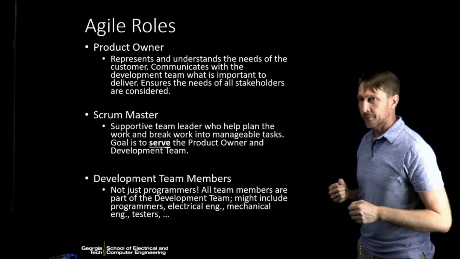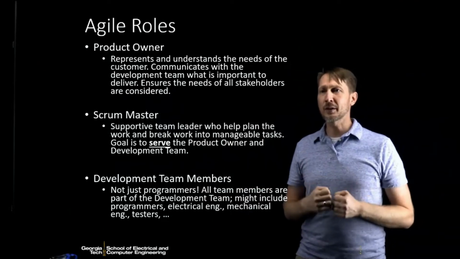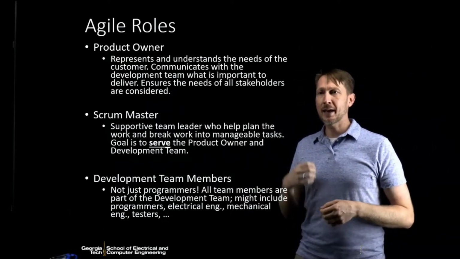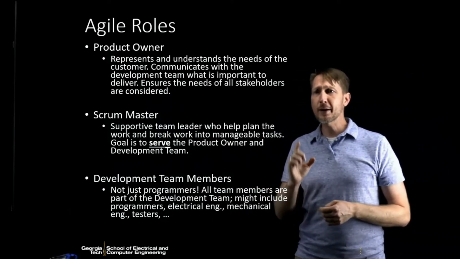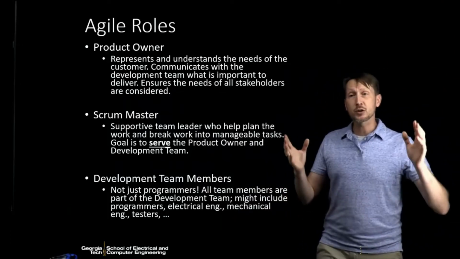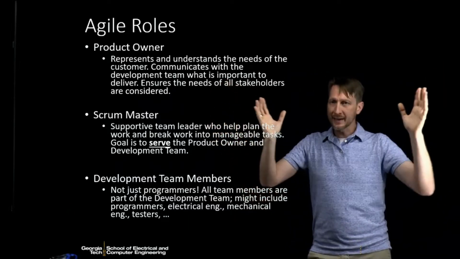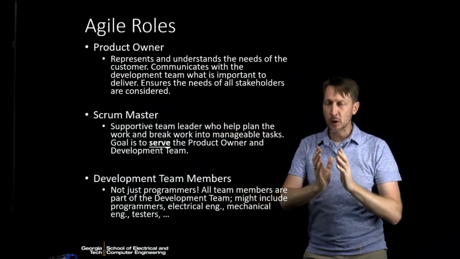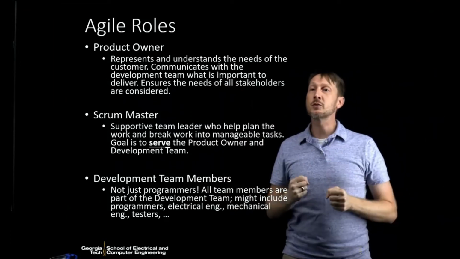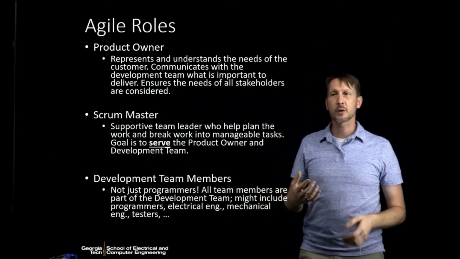Then the Scrum Master is a helpful, supportive team leader who helps plan the work and break work into manageable tasks. So a lot of what we're doing in junior design is trying to understand how to take one big problem and break it down into smaller and smaller tasks, so you can give those tasks to an individual or a single development team and have them accomplish that.